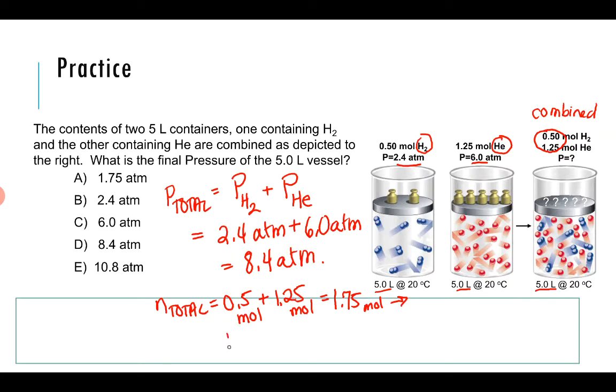So if we have PV is equal to nRT, I could make that n total, and that would give me the total pressure. And so I know volume, I know temperature, and so I could solve the problem that way as well. But the correct answer is D, 8.4 atmospheres.